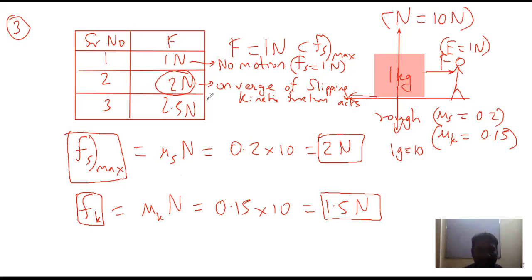Then let us take the third case, 2.5 Newton. If I have 2.5 Newton, what will happen? When applied force is 2.5 Newton, that is greater than static friction.